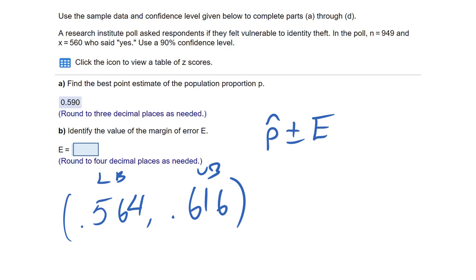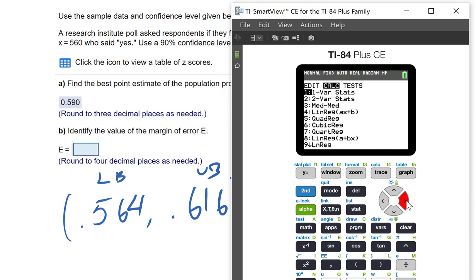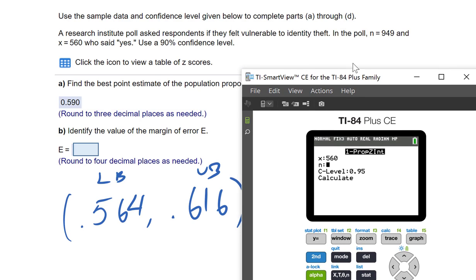The TI calculator will give you exactly the same thing. Let me show you that. On the TI, I'm going to go to Stat, Tests, and this is a 1-PropZInt, option A. Notice we have exactly the same input we had on StatCrunch. Our X was 560, and our N was 949, if I'm correct.